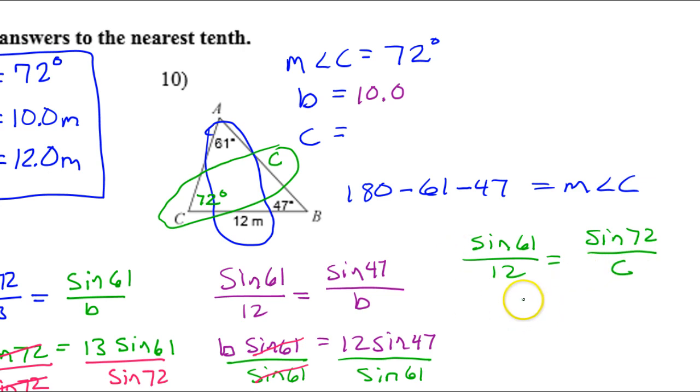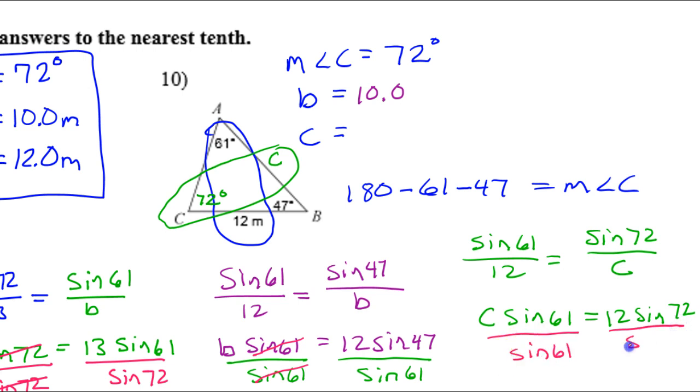And again, I will cross multiply. So this will give me C sine 61 along this diagonal, and that will equal 12 sine 72 multiplying this diagonal. Then it's time to divide both sides by sine 61. All right, so those cancel each other out.